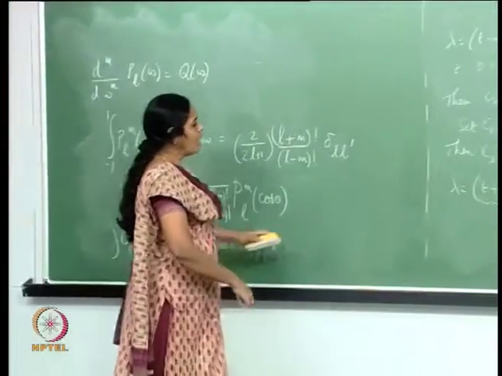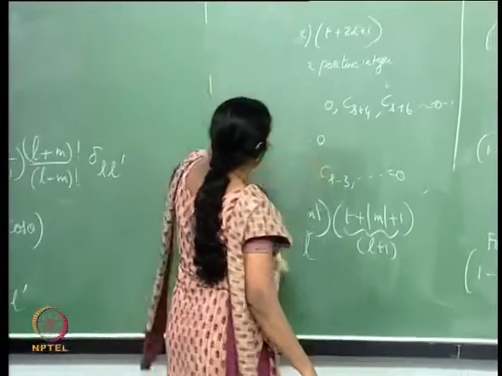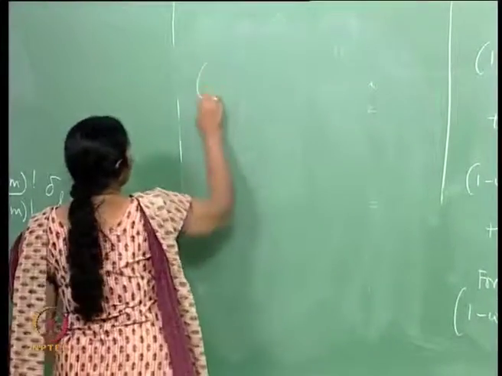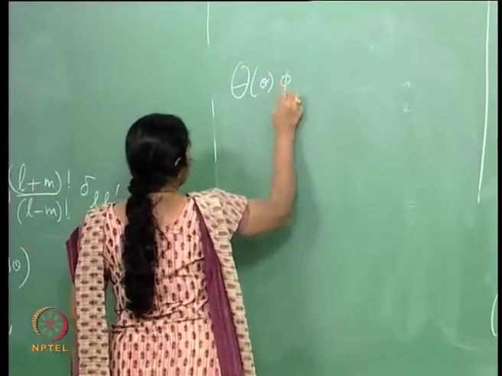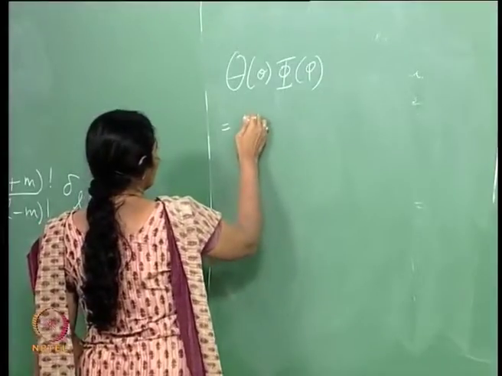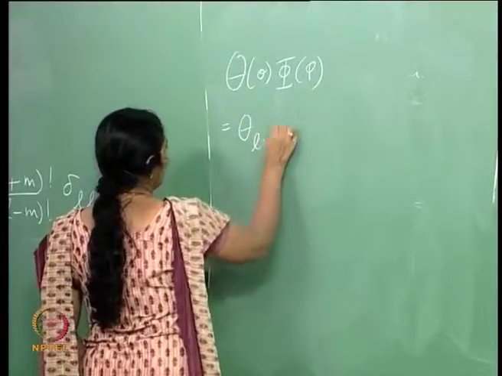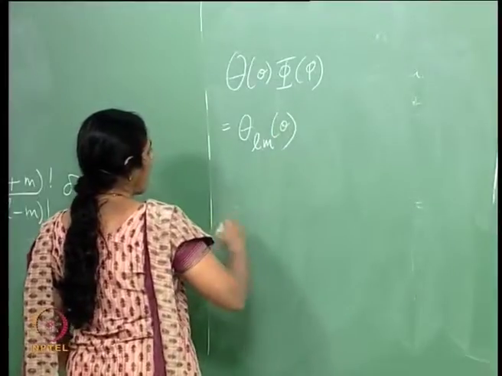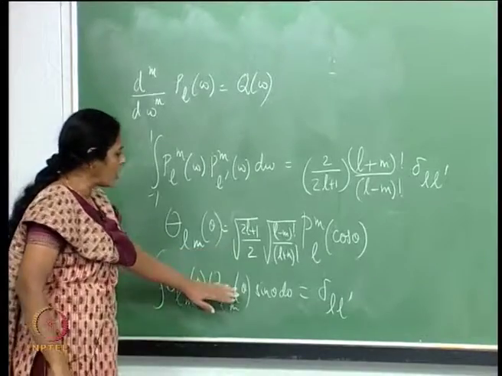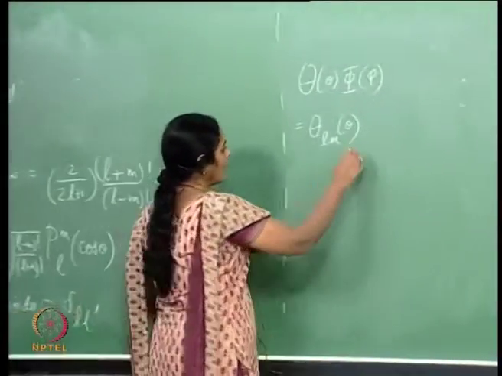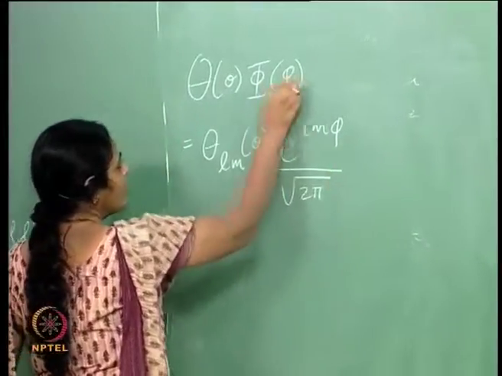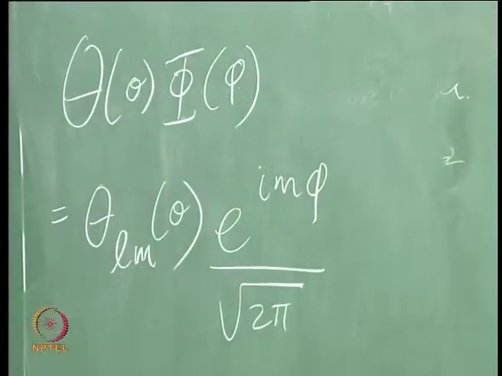So, finally, I have the wave function. The wave function is given by theta of theta times phi of phi, and that is simply theta L m of theta defined here, so that it is normalized to 1, times e to the i m phi by root 2 pi, so that phi of phi is also normalized to 1.